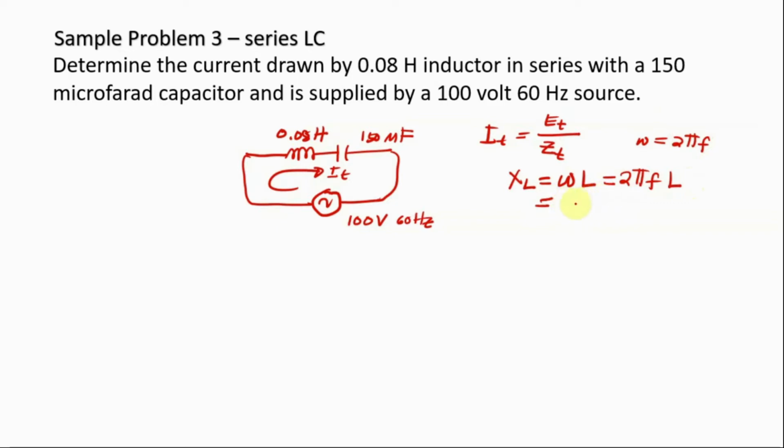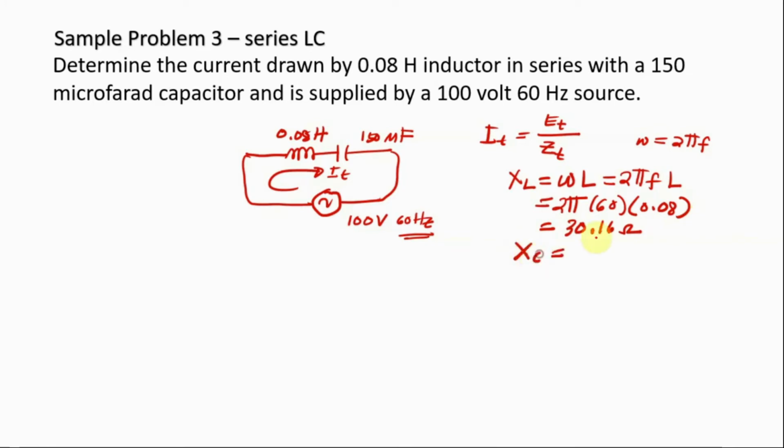We have here 2 pi and our frequency is given as 60 Hertz, times the inductance, which is 0.08 Henry. So you just press your calculator and you get 30.16 ohms for your inductive reactance.